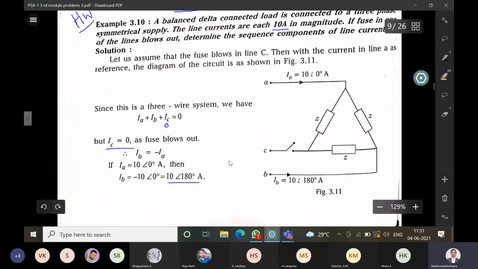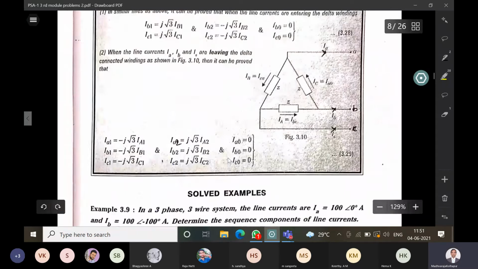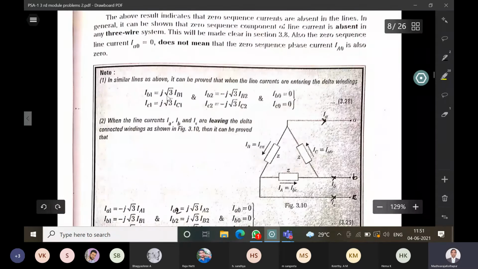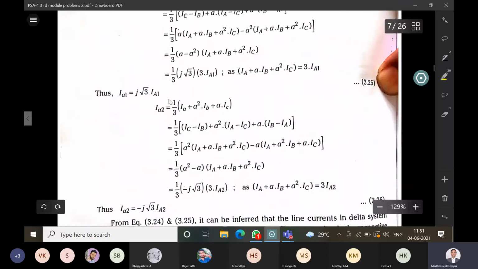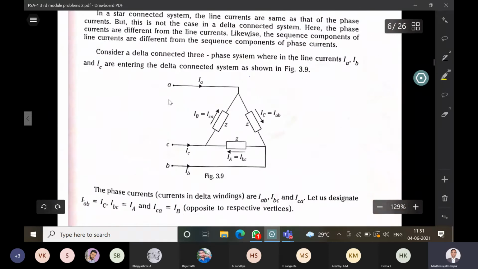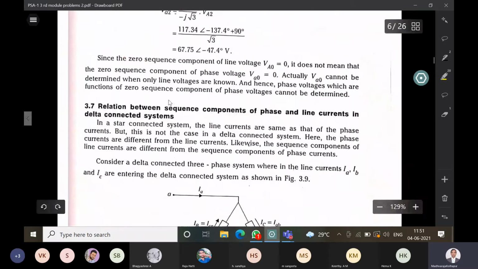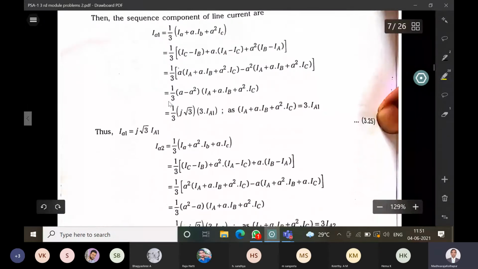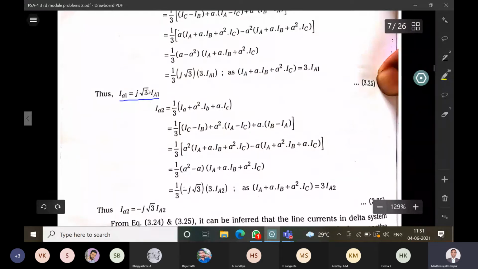Similarly for IB1 and IC1. So capital IA1 is equal to small IA1 by J into root 3.